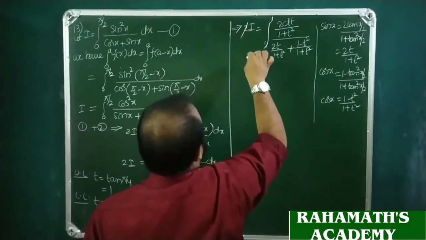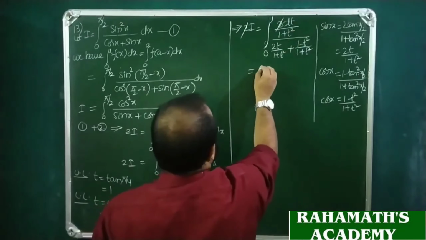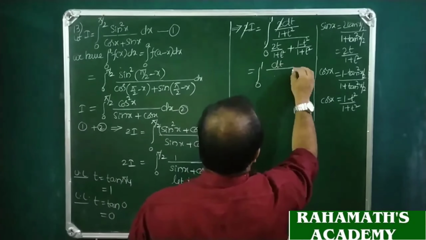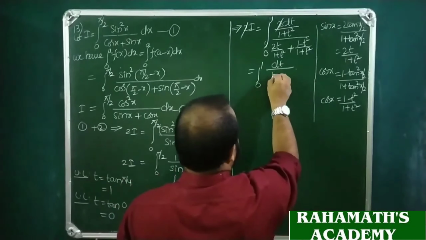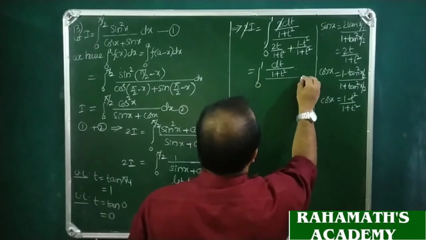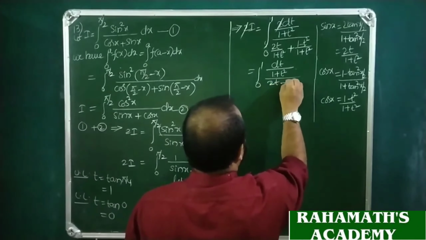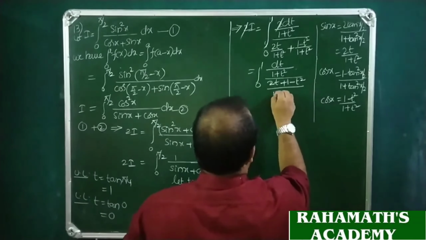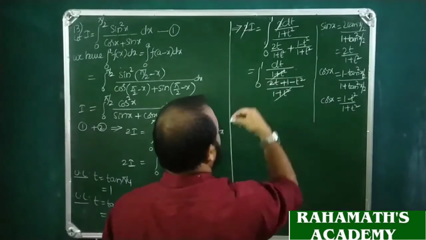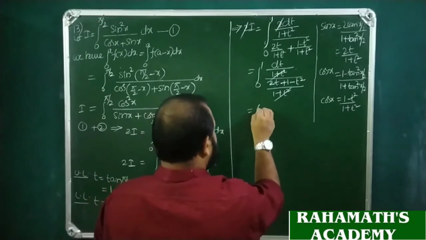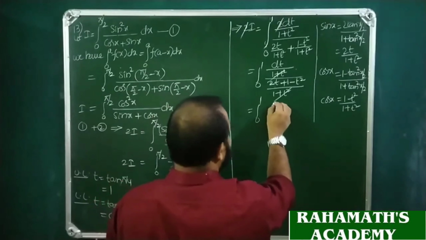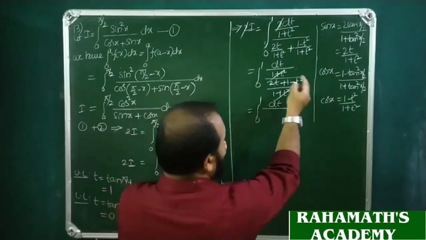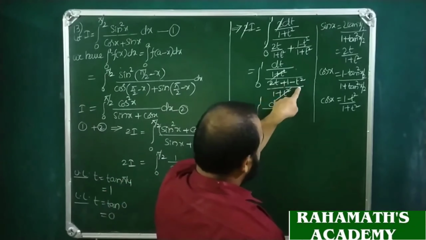So the 2 and this 2 get cancelled. The integral 0 to 1 of dt by, so this is 1 plus t square by 2t plus 1 minus t square by 1 plus t square, which is the integral 0 to 1 of dt by 2t plus 1 minus t square.